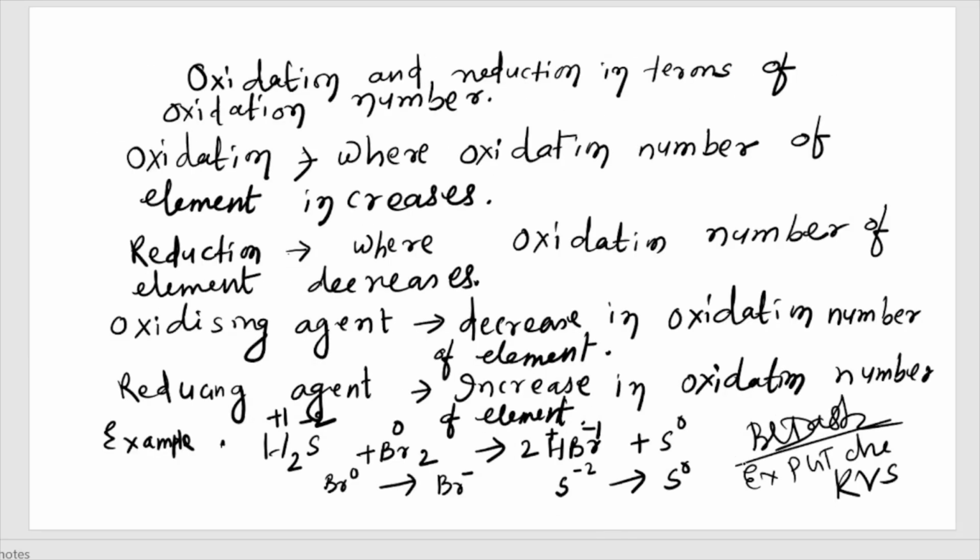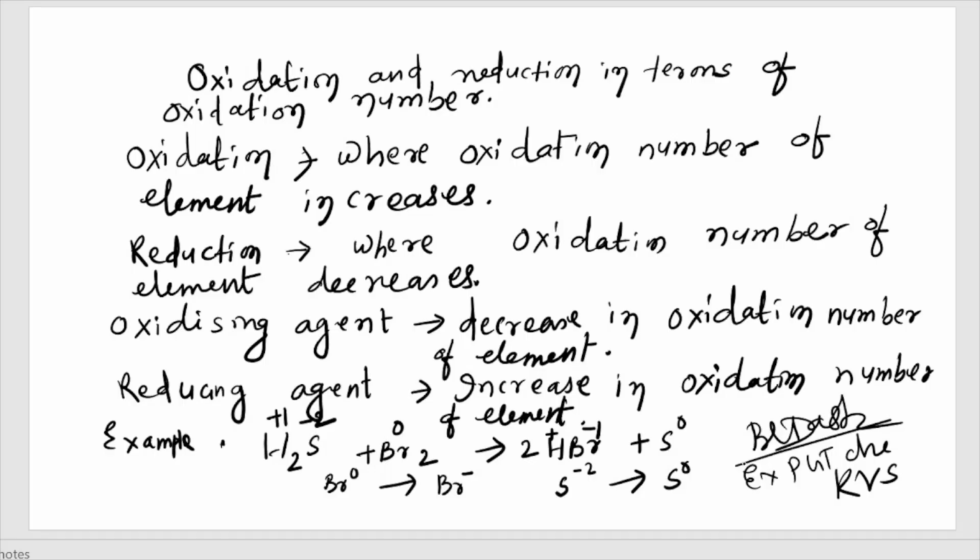Oxidation and reduction in terms of oxidation number. How can you define oxidation in terms of oxidation number? Remember, the oxidation number arises in the oxidation state, when the reaction has started, the reaction is completed, and the compound is formed. At that time you can find the oxidation number of each and every element.